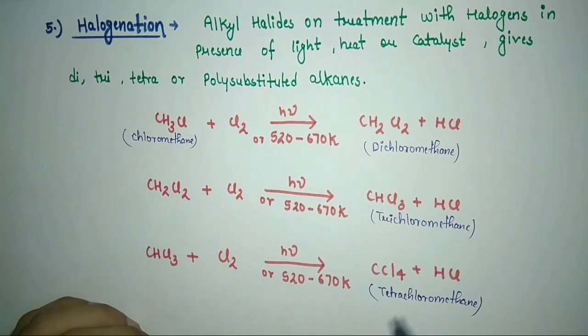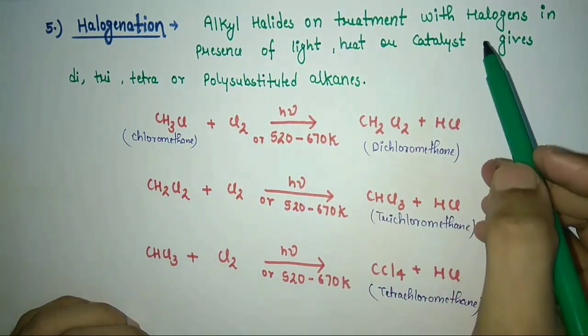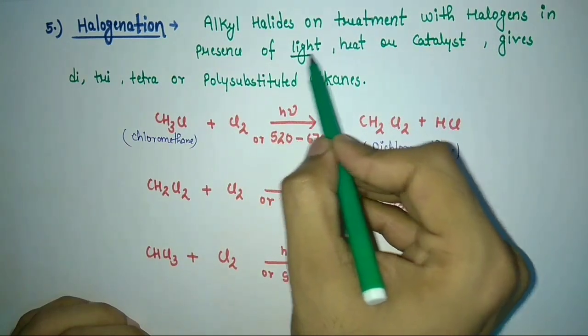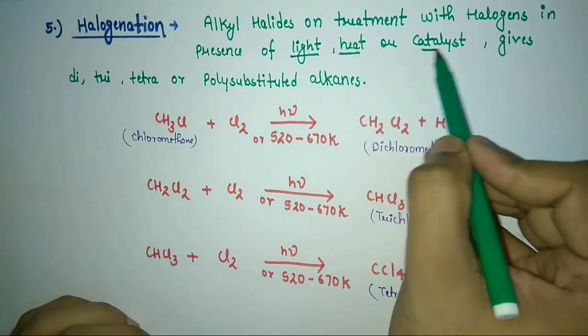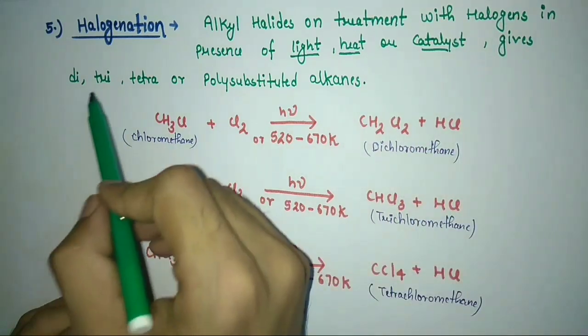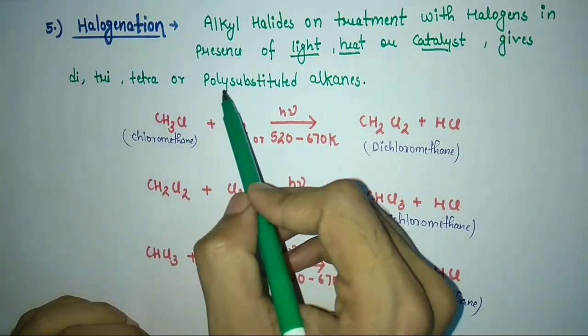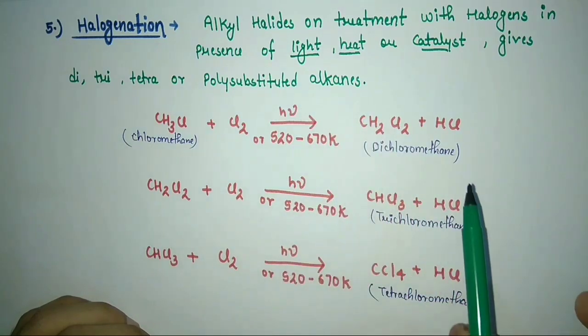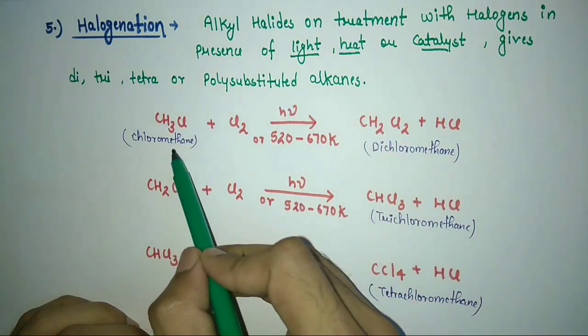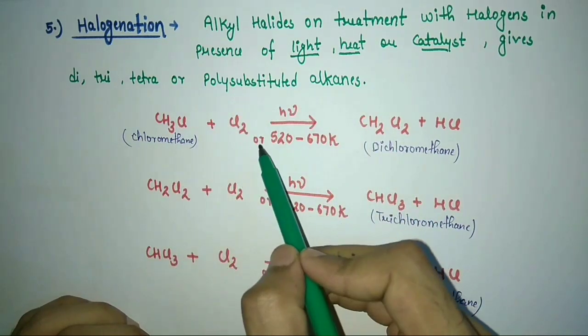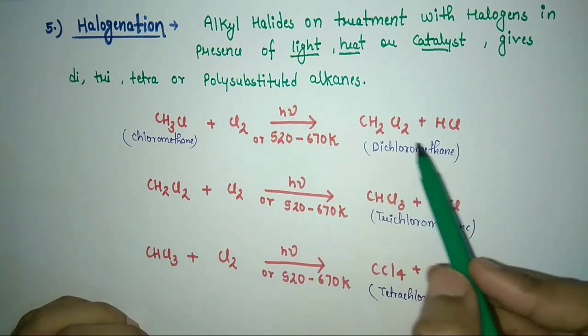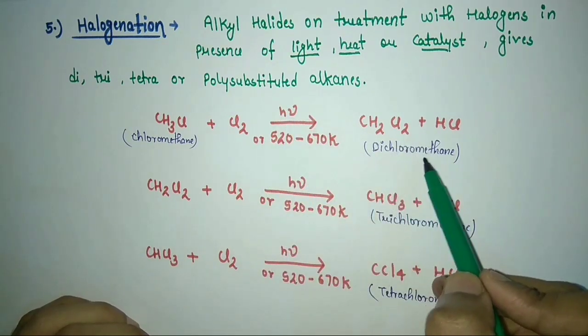Now, the next chemical property of haloalkanes is halogenation. Alkyl halides on treatment with halogen in the presence of light, heat, or a catalyst give di-, tri-, tetra-, or polysubstituted alkanes. Let us suppose this is chloromethane in the presence of Cl2. In the presence of light, it will form dichloromethane.